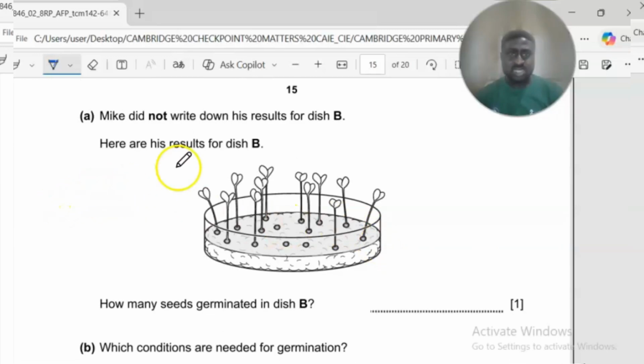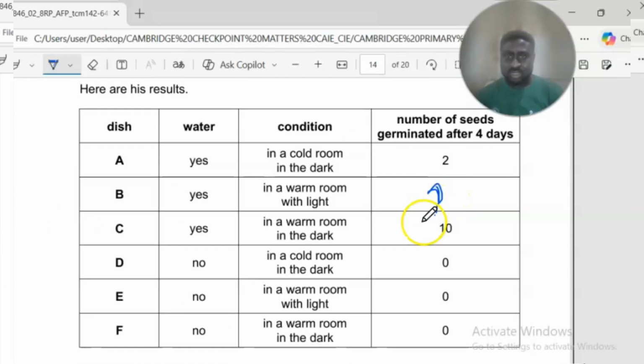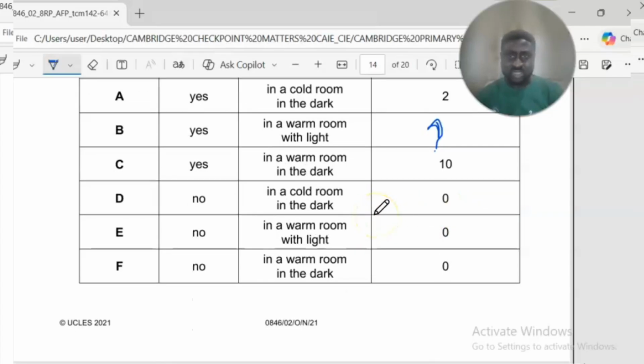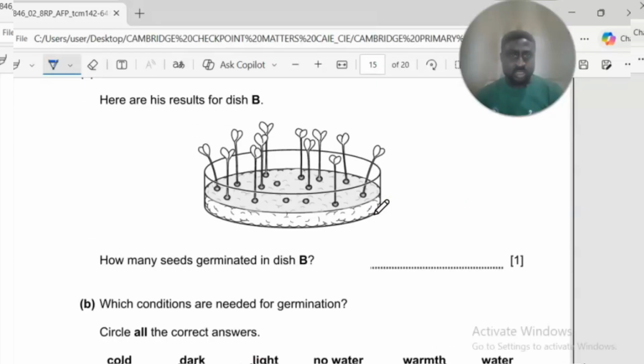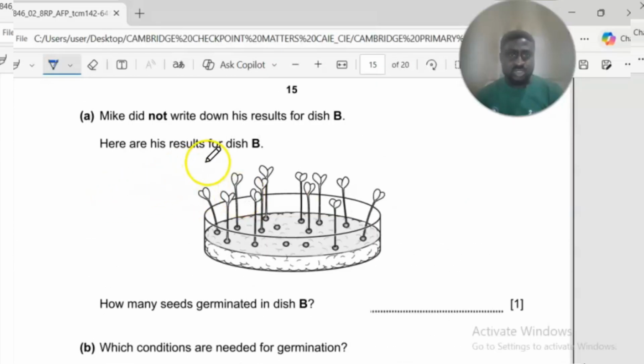Mike did not write down his results for dish B. That's why I indicated a question mark here, because we are to find out what that result should be after the investigation or experiment. So here are his results for dish B. So dish B has been isolated here, and let's count the number of germinations that occurred.